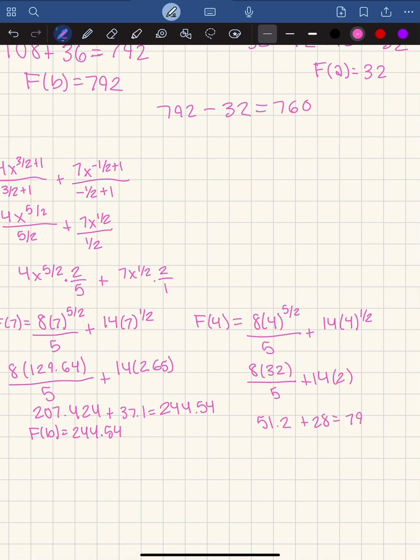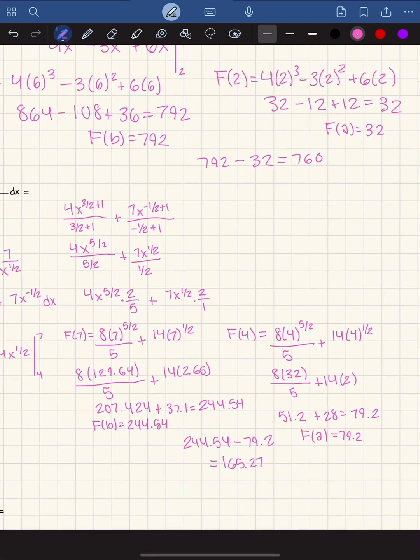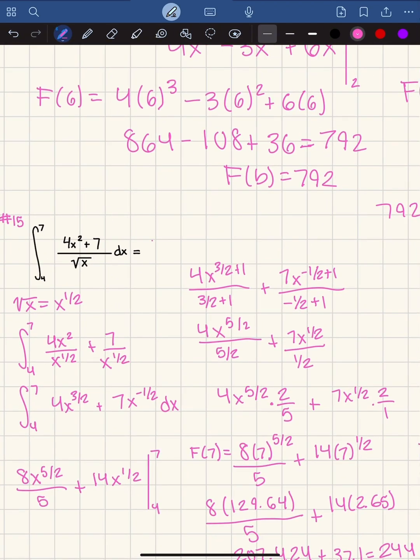Well, 51.2 plus 28 equals 79.2. F of a is 79.2. So we can do 244.54, F of b, minus 79.2, which is F of a, and we get 165.27 for our answer.